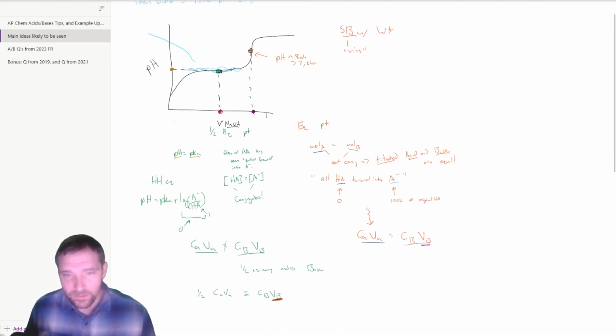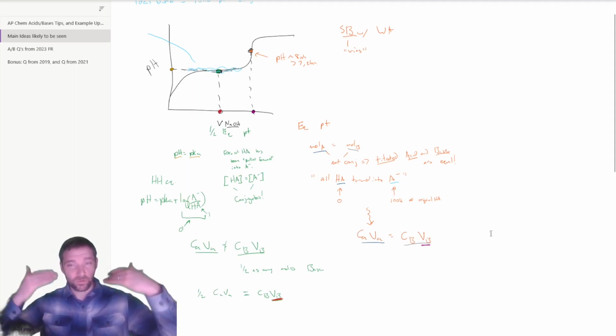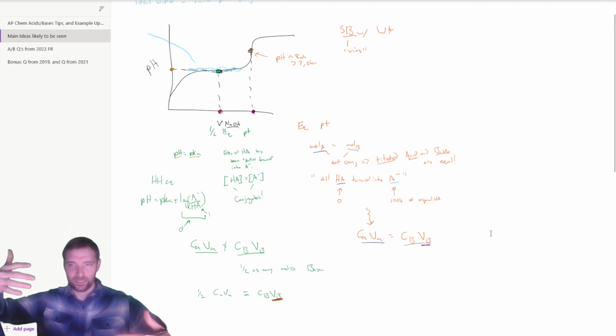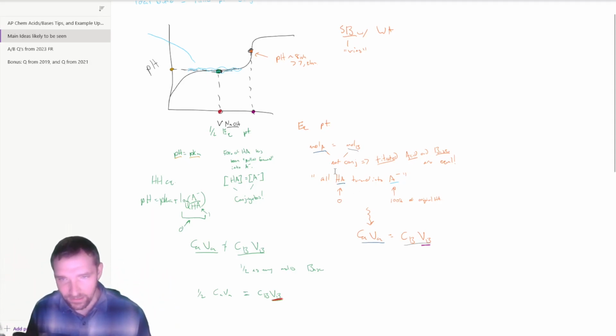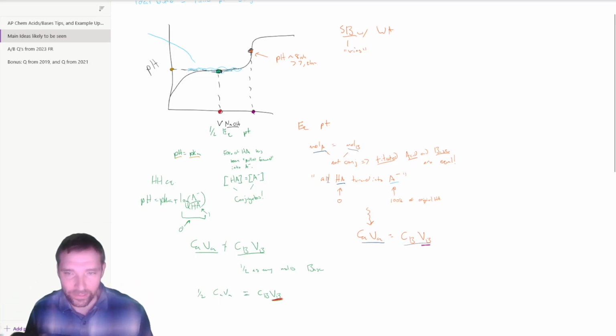There's a formula that you'll probably have seen with CaVa equal to CbVb. That's only true for the equivalence point because the acid that you've titrated with the base that you've titrated, those amounts are equal now. So now all of HA has been turned into its conjugate by this strong base. So the moles of HA are equal to the moles of NaOH.